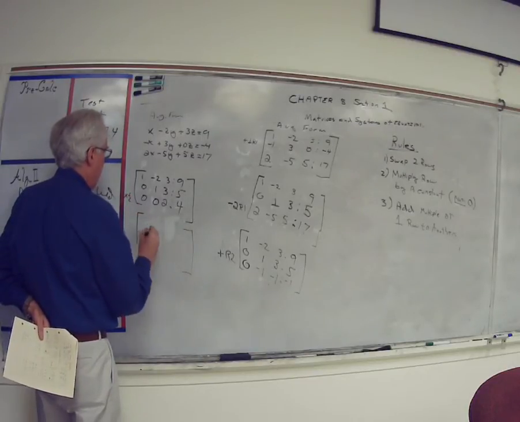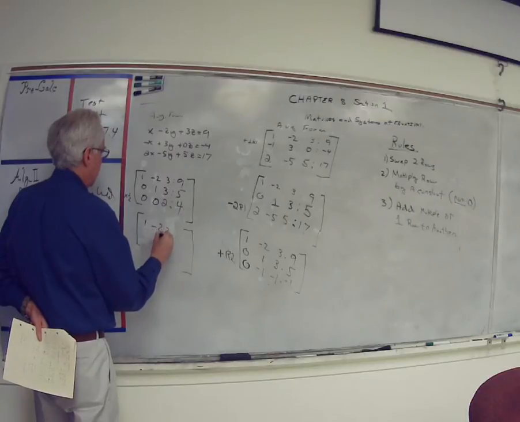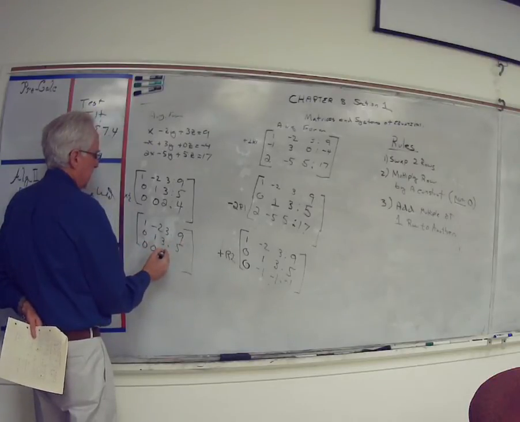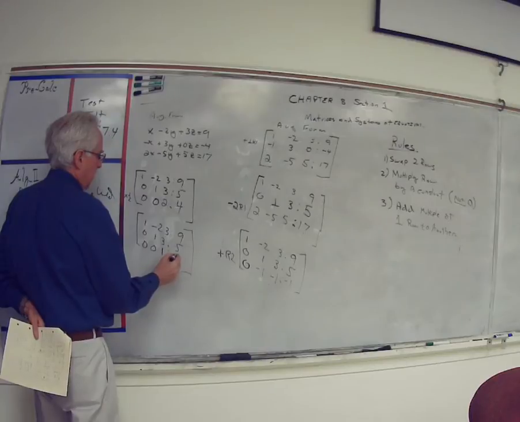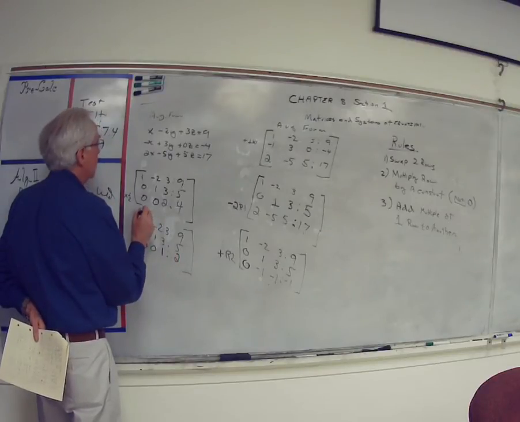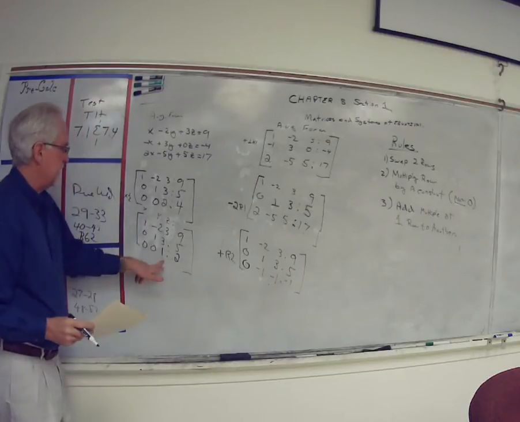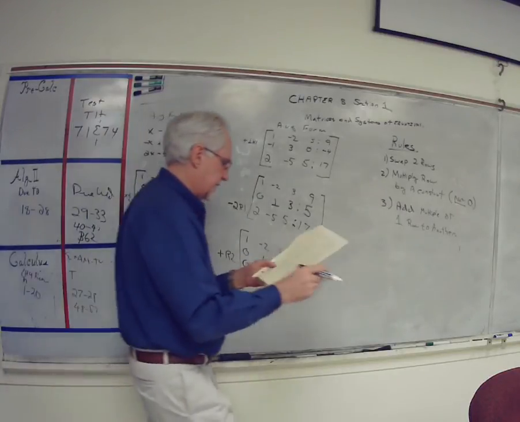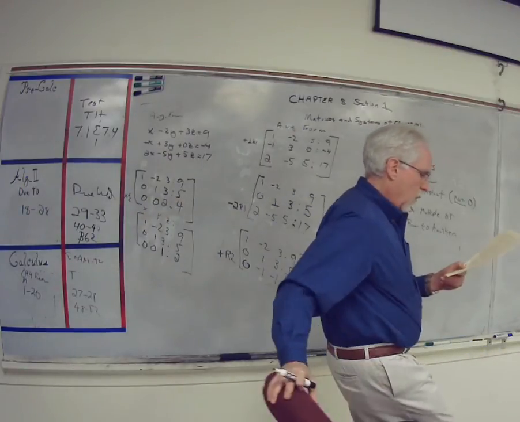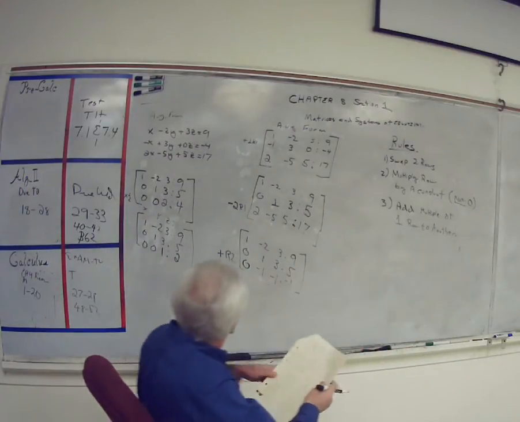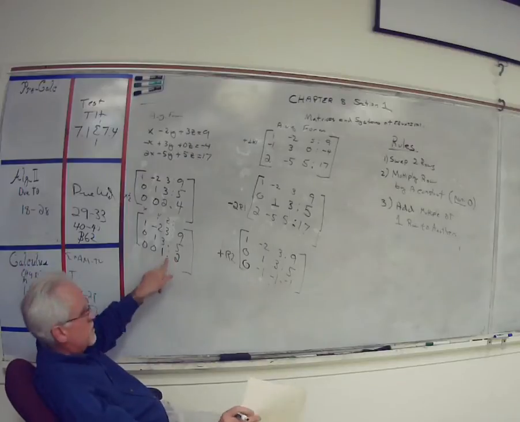And now I have 1 minus 2, 3, 9, 0, 1, 3, 5, 0, 0, what? 1, and then what? 2. Okay, and remember, this is like x's, this is y's, and this is z's. And so at this point, this is what you've got to see. Okay, what do you know at this point?